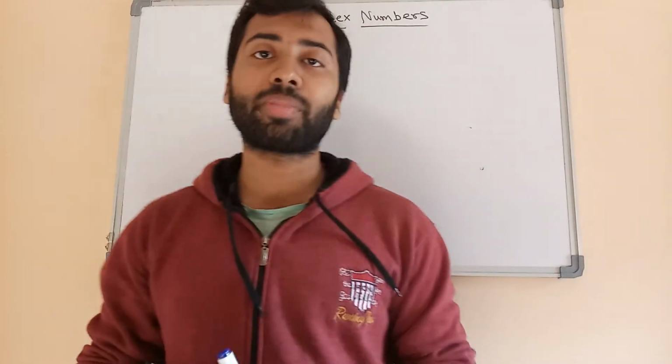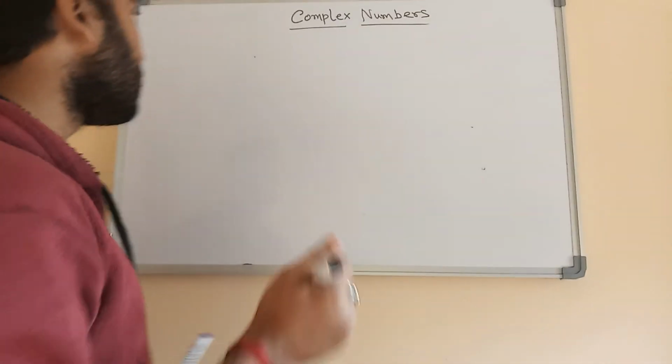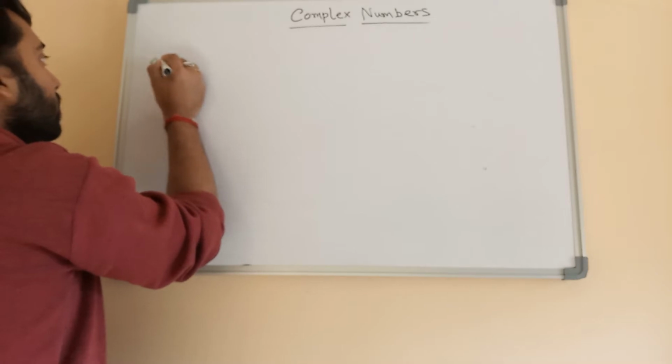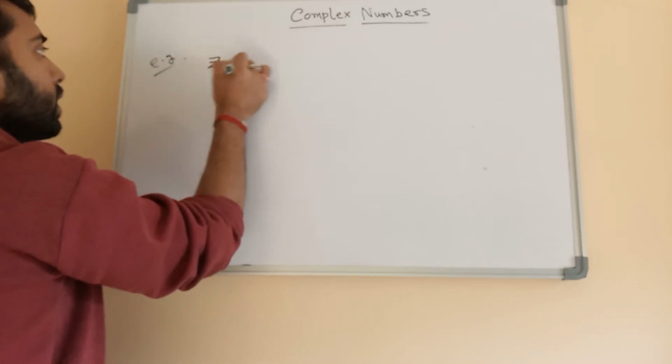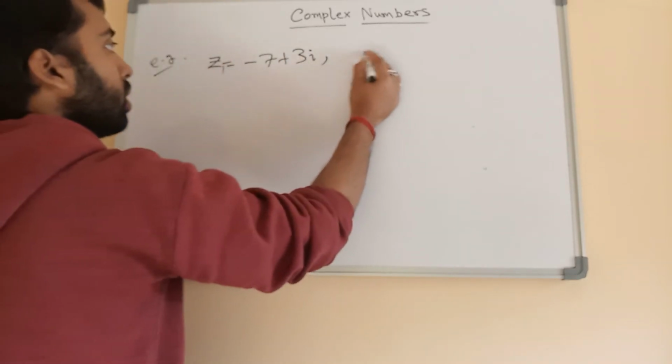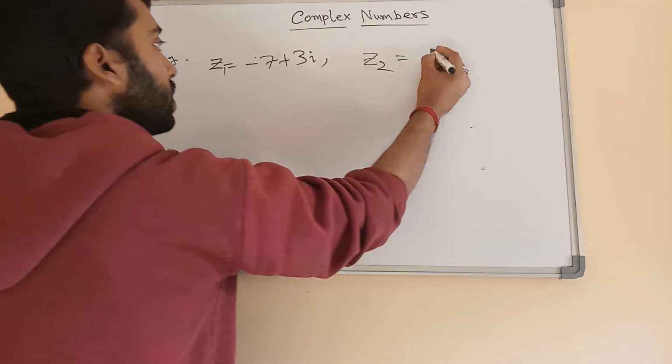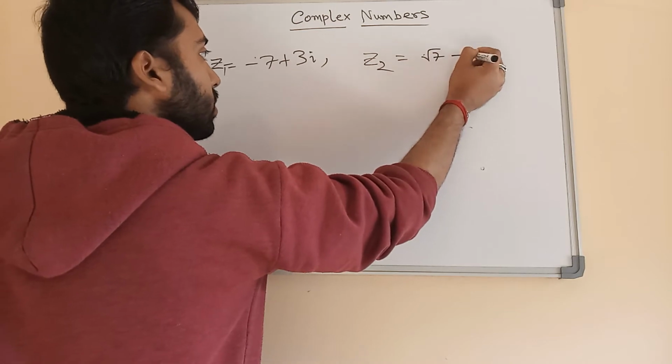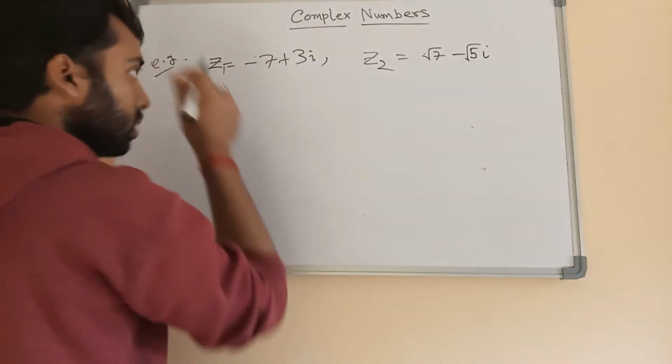Let's take some examples for the real part and imaginary part. Suppose, for example, z1 equals minus 7 plus 3i, z2 is root 7 minus root 5i.